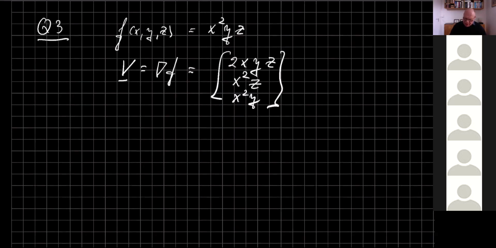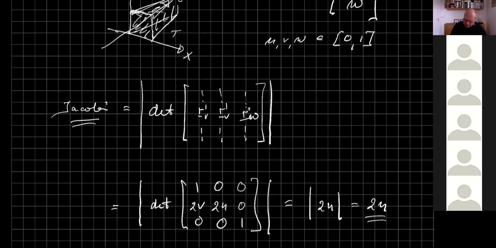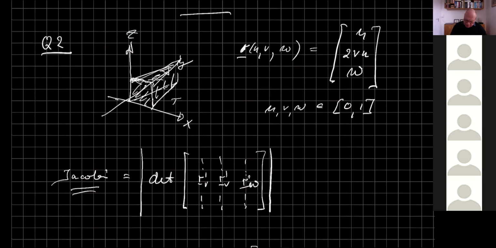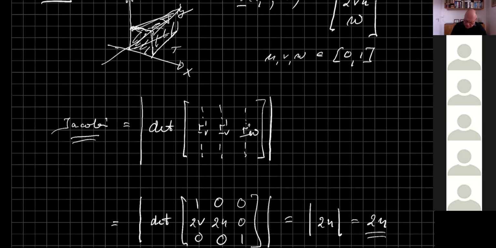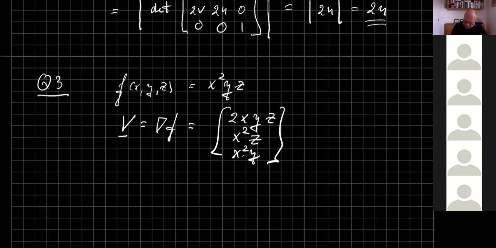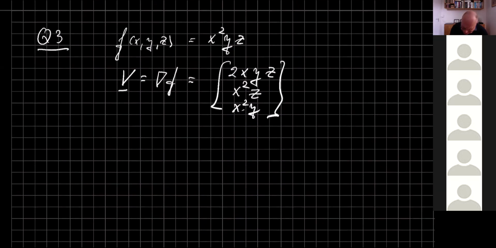Now I could write down the flux through each of these parts of the surface and then add all the surfaces together, 1, 2, 3, 4, 5, 5 surfaces together, but I don't really feel like that.